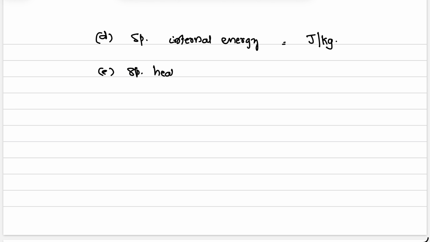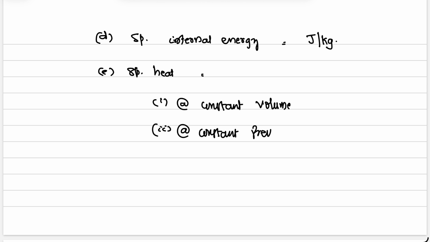Specific heat of a substance is heat capacity divided by kg. It is of two types. One is at constant volume, two at constant pressure. This is called small cv. Constant pressure is small cp.